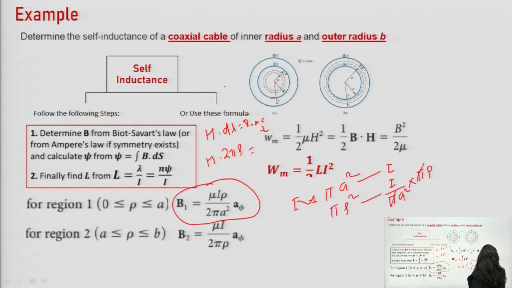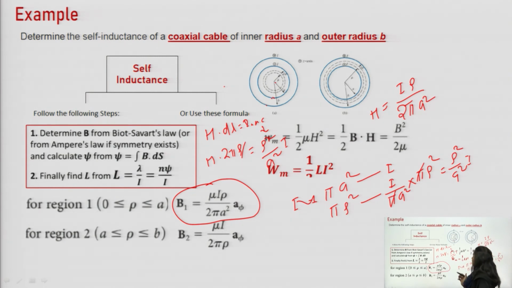Pi will cancel out, so the enclosed current will be rho square by a square times I. If we simplify this, rho will cancel out, and finally we will have H equal to I rho divided by 2 pi a square.